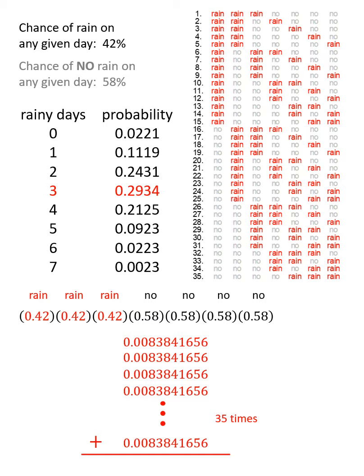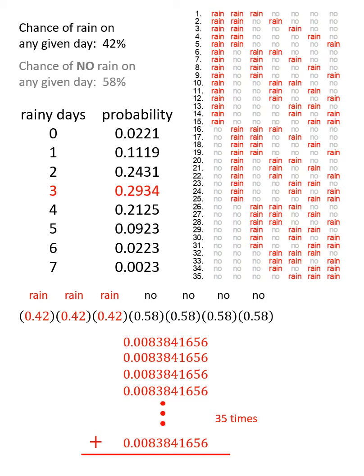But technically, if I add up all these numbers, I will get the probability of any 3 days of rain, or just having a 3-day rainy week in general. And that ends up to be the number in the table, 0.2934, that you see there in the middle. So that's where that number came from.